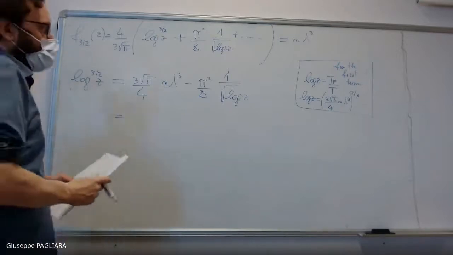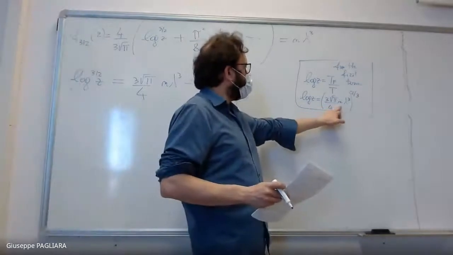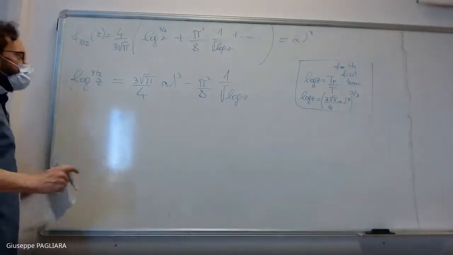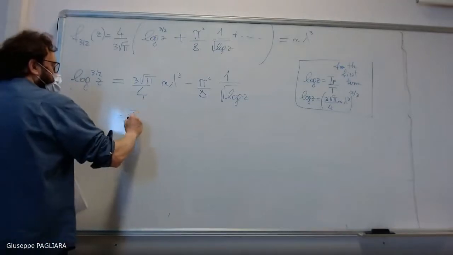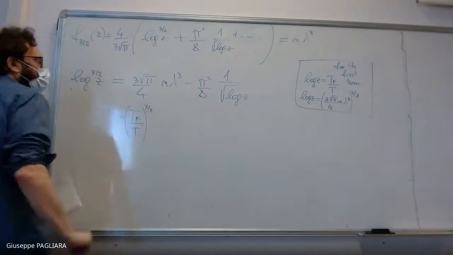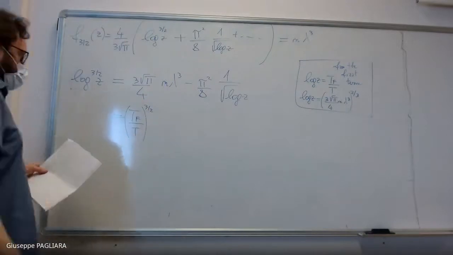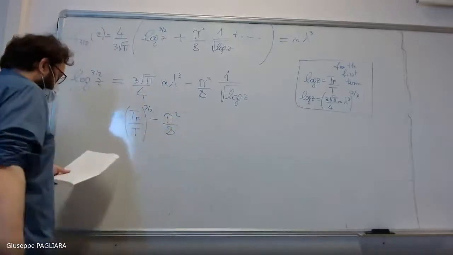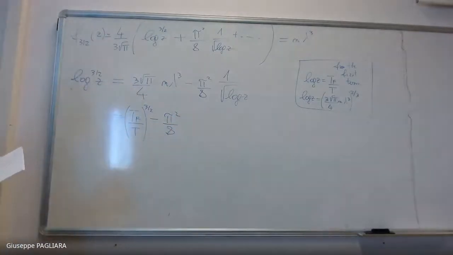Because this quantity is log of z to the power of 3 alpha, but the log of z is Tf divided by T. So it's Tf divided by T to the power of 3 alpha, the first term, minus pi squared divided by 8. And here I have the log of z, which is Tf divided by T from the first iteration, if you want, to the power of minus 1/2.